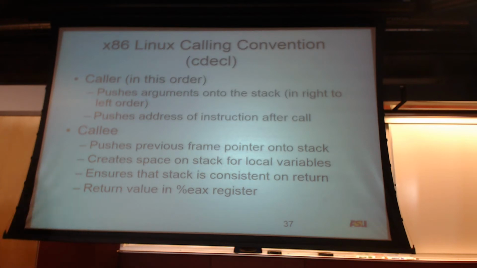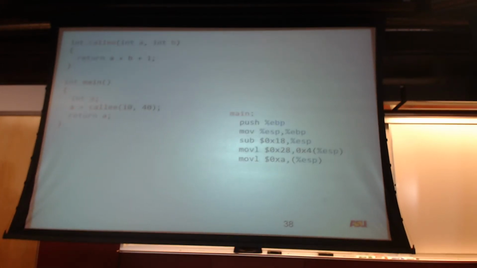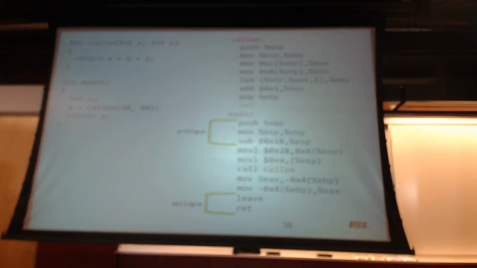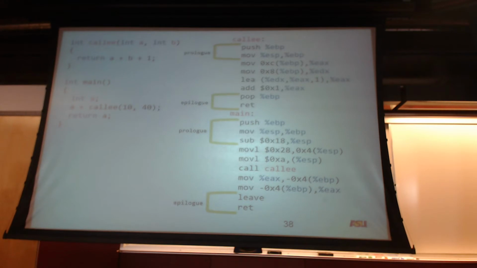Now then, what we did last class, we looked at this example. This example has all these instructions. We didn't really understand why, and we understood a little bit as to what these instructions are, but did not really discuss in detail how the caller and the callee are executing their responsibilities.